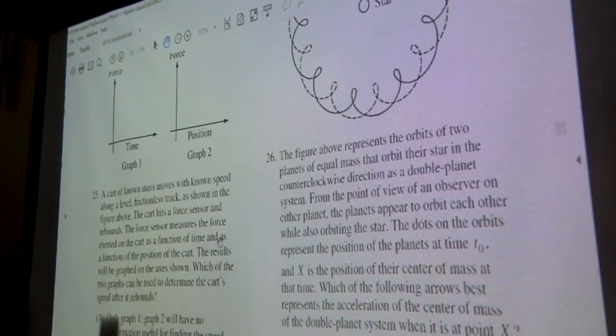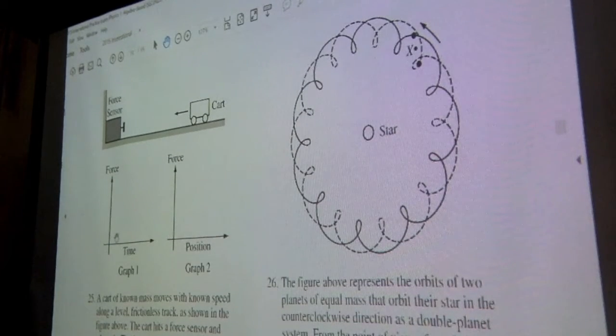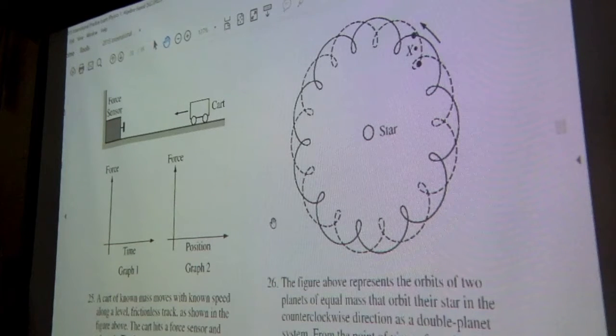Let me just give you a little briefing on this. Alright, force-time graph. What information can you gather from a force-time graph? Like in terms of either the slope or the area. Impulse. And what is impulse? Change in momentum.